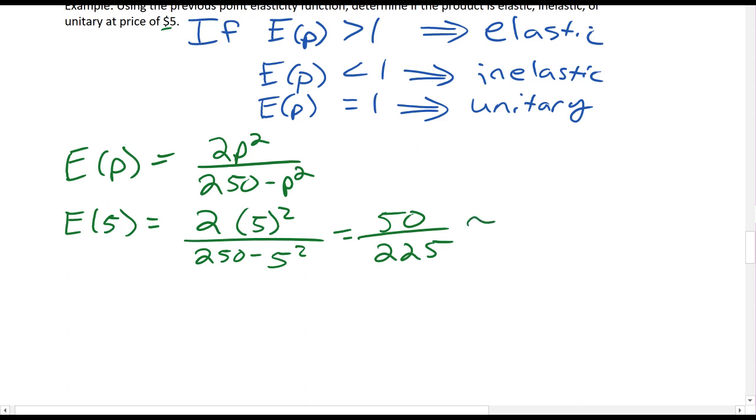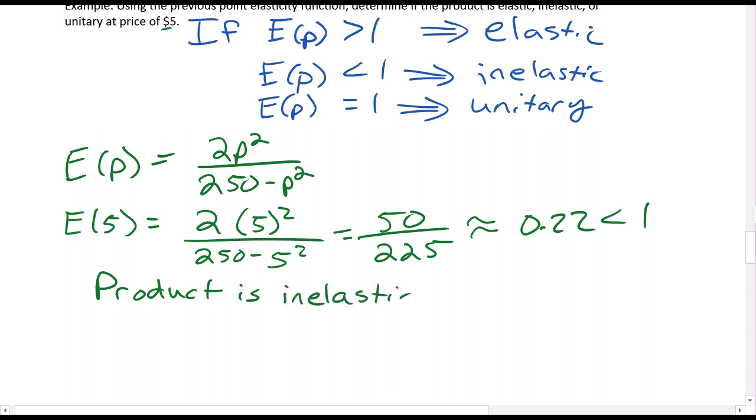So approximately 0.22. And so is this product going to be elastic or inelastic? Well, 0.22 is less than 1, so we can say that the product is inelastic because its point elasticity is less than 1.